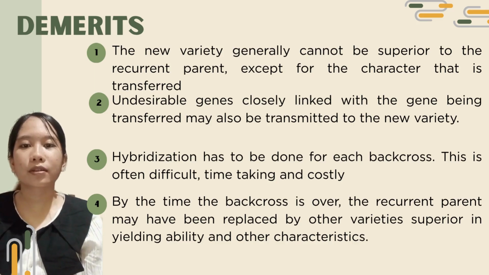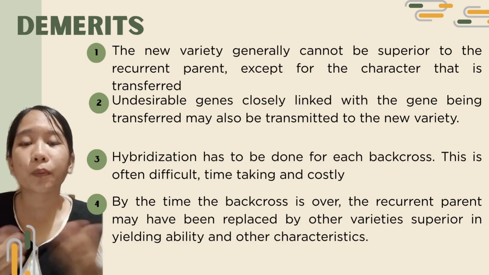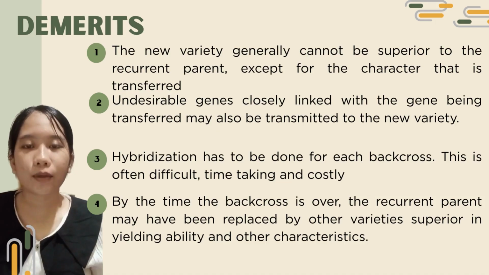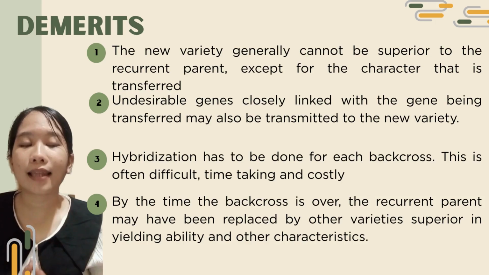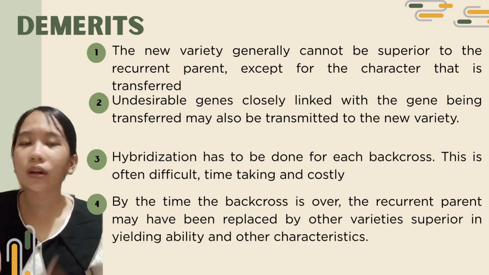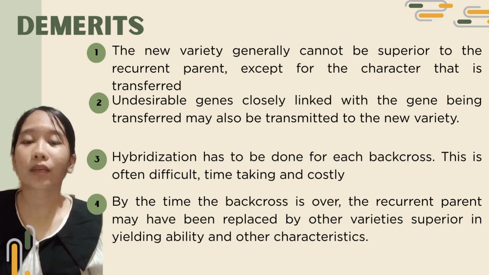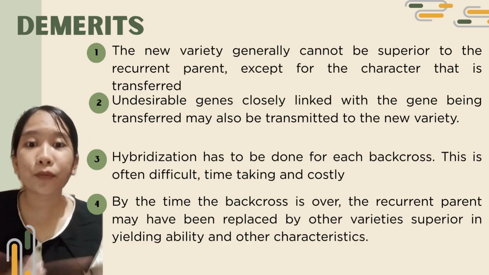Demerits of backcrossing. The new plant variety created through backcrossing is usually not superior to the recurrent parent in overall performance because it only gains the specific trait being transferred, like resistance or tolerance, without improving other characteristics such as yield or quality improvement.